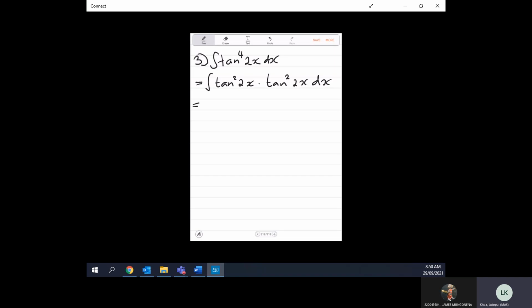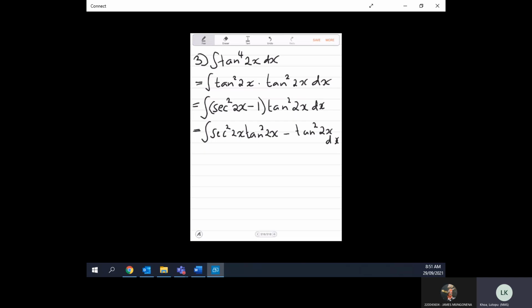So this is the integral of sec squared 2x minus 1, and then tan squared 2x dx. So we then multiply out our brackets and then see what we have. This is the integral of sec squared 2x tan squared 2x minus tan squared 2x dx.